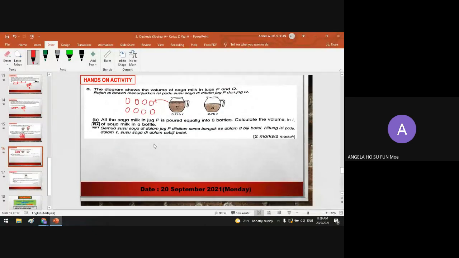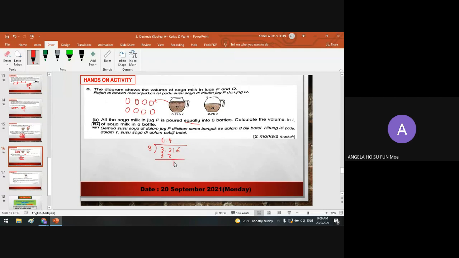So what I'm going to do is use this total, 3.216 liters divided by 8. Equally means divide into small parts, into 8 bottles. So look here, this is 0 because it's not enough. So become 32. 32 divided by 8 is 4, no remainder.